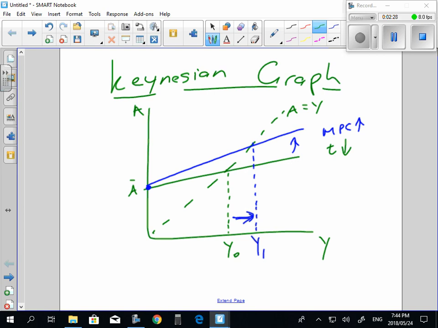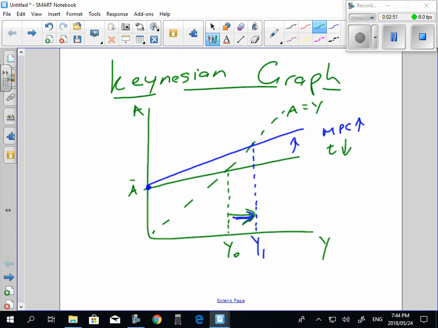If the tax rate decreases, it means you spend less money on tax and you spend more money on goods and services, which drives up the production of goods and services, which would move our economy from Y0 to Y1. Okay. And the third and final is your marginal propensity to import.